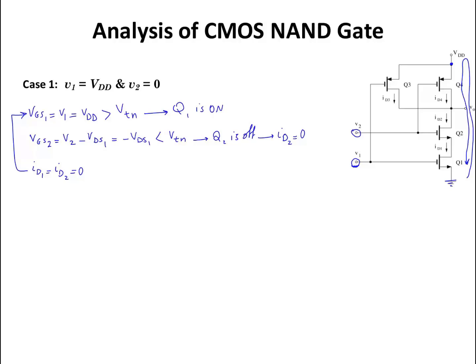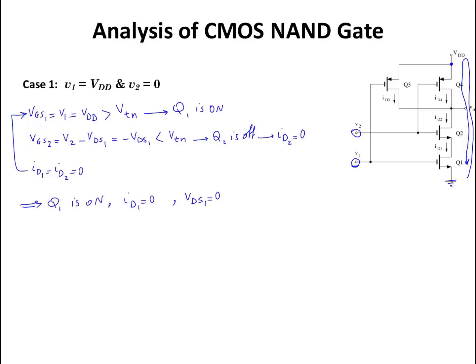We have already studied the case where a MOSFET is on with drain current equal to 0, and that happens when the transistor is in triode mode with VDS of 0 volts. So I have Q1 on, ID1 equal to 0, and VDS1 equal to 0 as well.